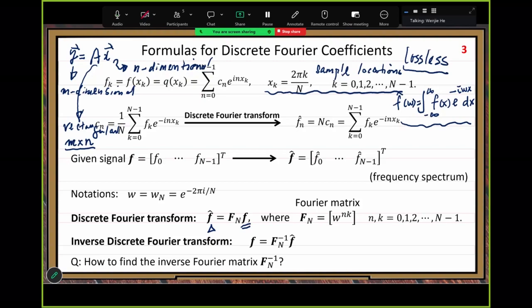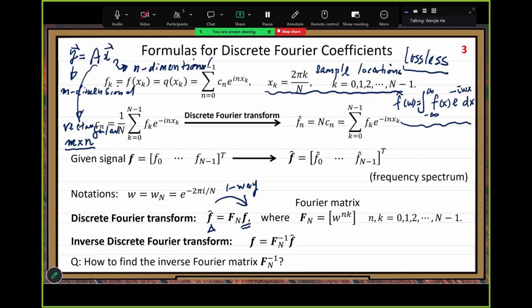Think about it: when you go from time domain to frequency domain, that's one way. Then you cannot get back.